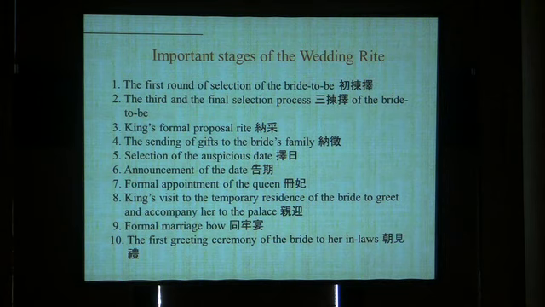And then they select the auspicious date and announce the date, and then formal appointment of the queen, and then the king visits to this special residence where the bride-to-be has been staying, and accompany her to the palace. And number 9 is the formal marriage vow. It's called Dongreon, and it's a very interesting concept.